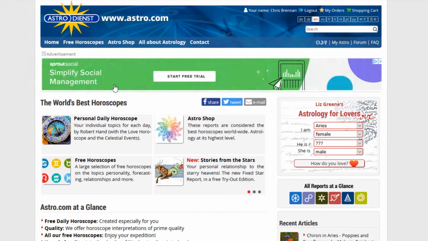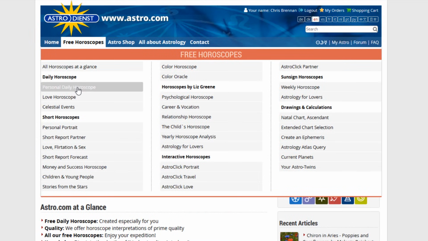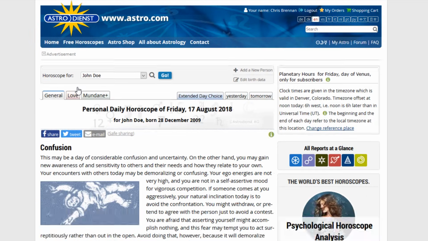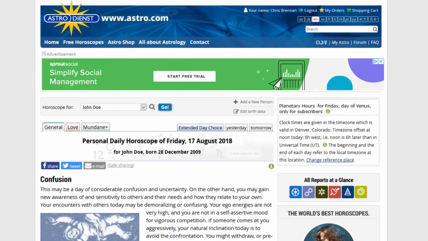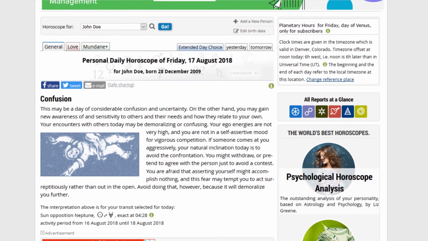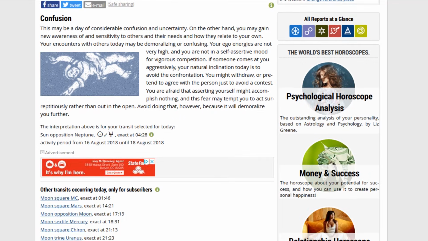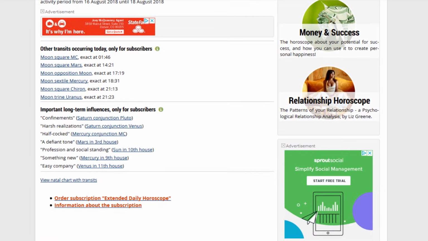So, the easiest way to follow your transits, aside from getting an ephemeris, is to check out the personal daily horoscope on astro.com. And that's really useful because it'll actually tell you what transits, both short term and long term, you're having right now on each day of the week, as well as some long term planetary influences over the course of the next few years.